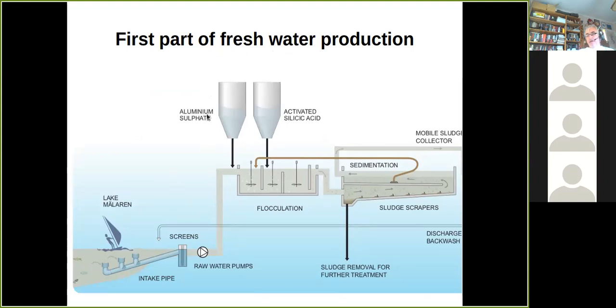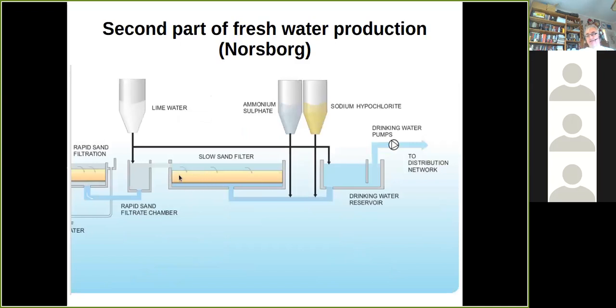Only in freshwater we add aluminum, and then this aluminum produces some flocks that we are allowed to sediment, and then it's essentially just filtered, maybe adding some chlorine-containing compounds to kill bacteria, and then we have normal drinking water.